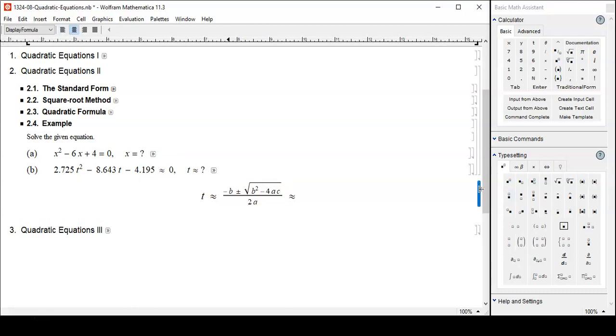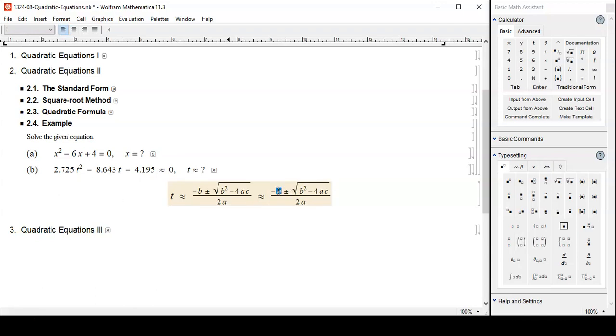Let's expand the font. So let's use the approximate equality sign. So 2.725 must be an approximate value. 8.643, 4.195, all these must be some approximate values. And then put all those into this quadratic formula, and then let's run the calculator.